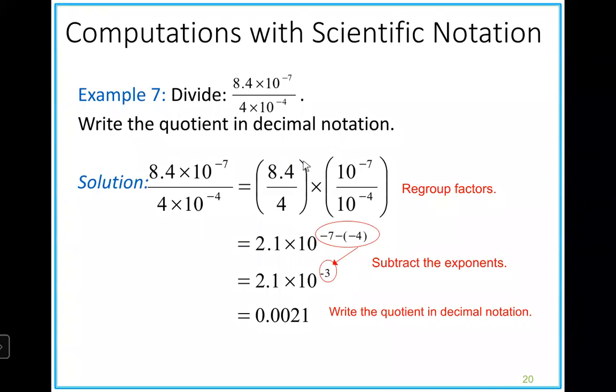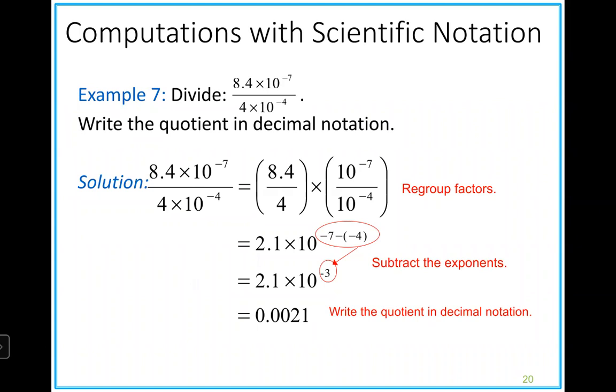If the question asks you to leave your answer in scientific notation, you would stop right here: 2.1 times 10 to the power of negative 3. But because they want it in decimal notation, you convert this by moving the point 3 places. Because it's a negative power, our number is going to be less than 1, so you move the point to the left 3 places.